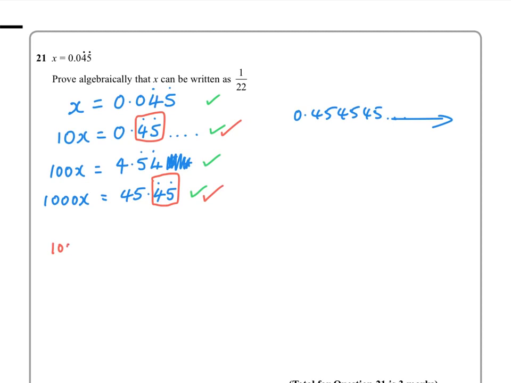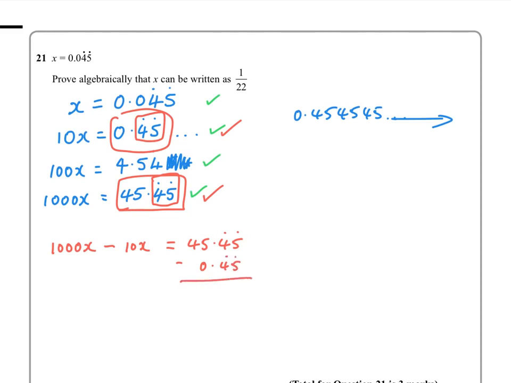So if I do 1000x take away 10x, that means I'd have to do 45.45 recurring take away 0.45 recurring. And that's nice because this part will just vanish and you're just left with 45.